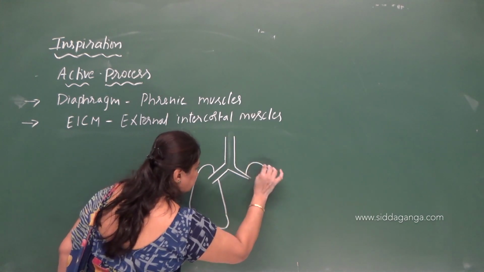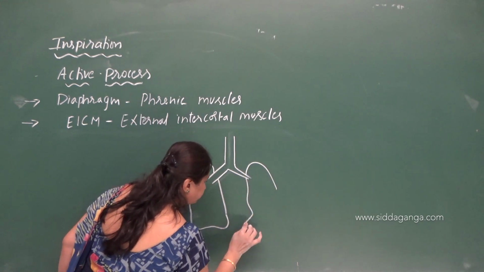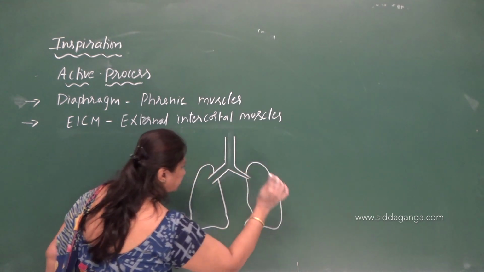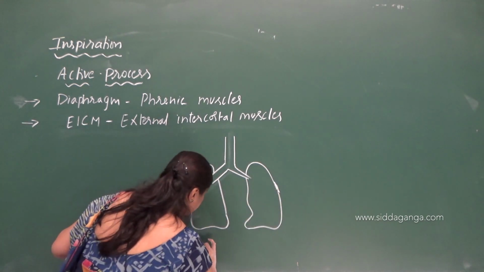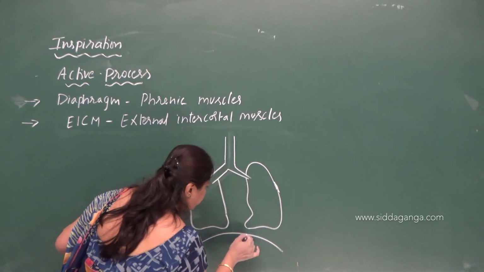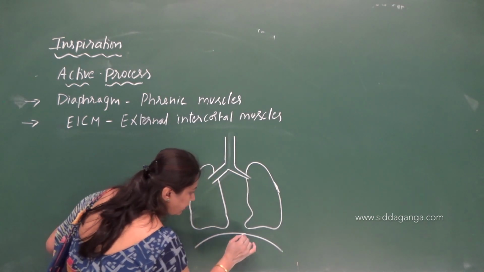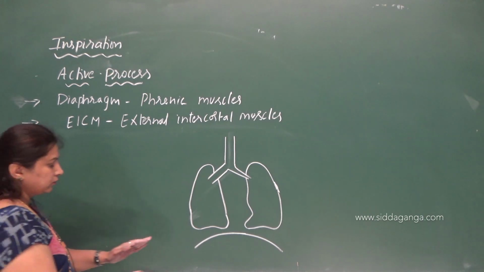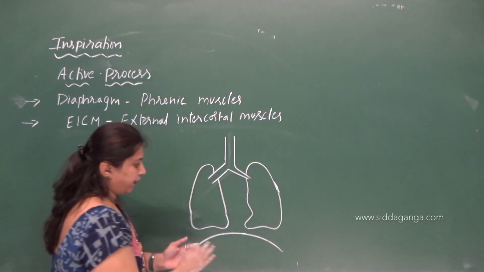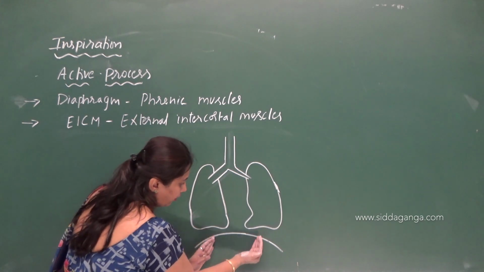Right lung, left lung. Here comes the diaphragm, having phrenic muscles. During inspiration, the phrenic muscles of the diaphragm contract.